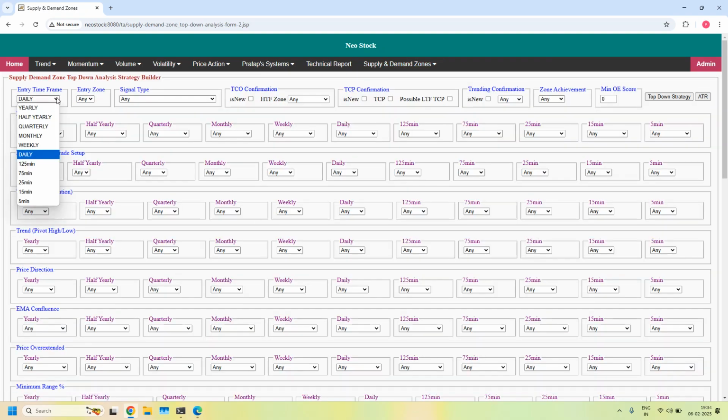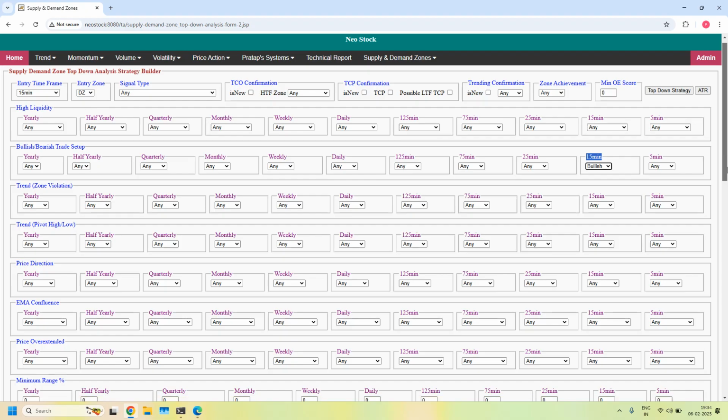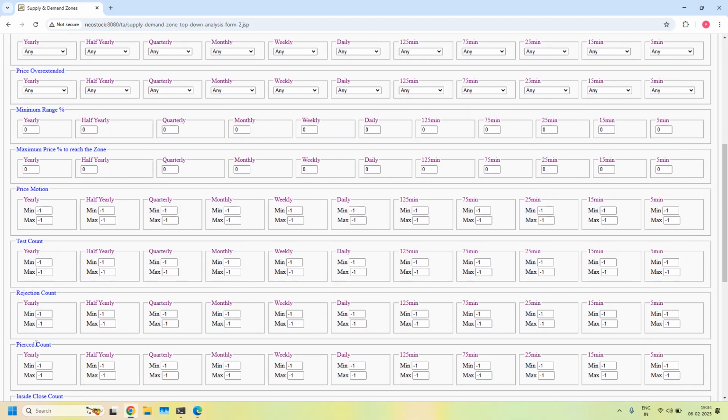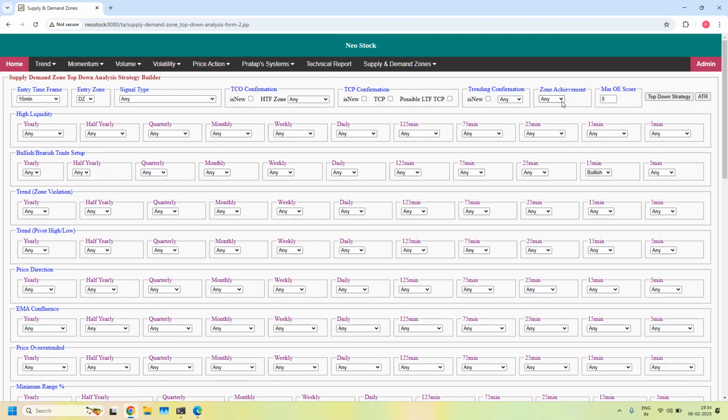Bullish trade setup daily income trade entry time frame 15 minutes. Entry zone demand zone. In bullish or bearish trade setup at 15 minutes entry time frame, I am selecting bullish, and these 15 minutes demand zone should not be pierced. So in the pierced count at 15 minutes time frame, I am setting minimum value 0, maximum value 0, zone achievement violated opposing zone, minimum odd enhanced score 12, all the 3 filters enabled.